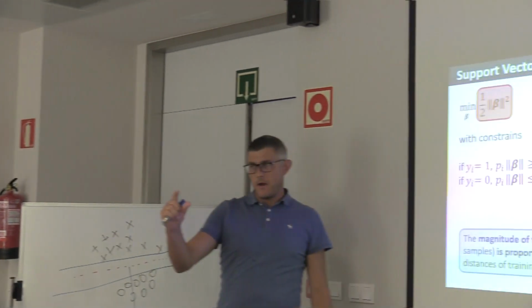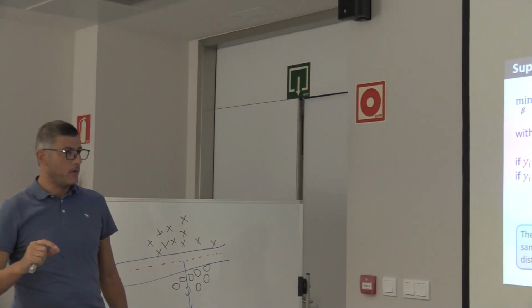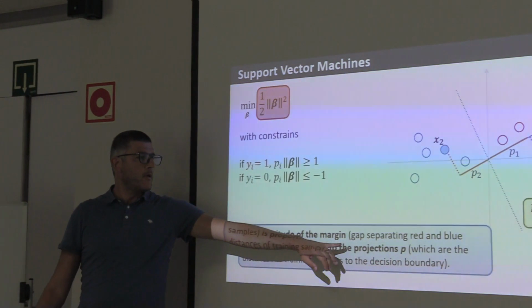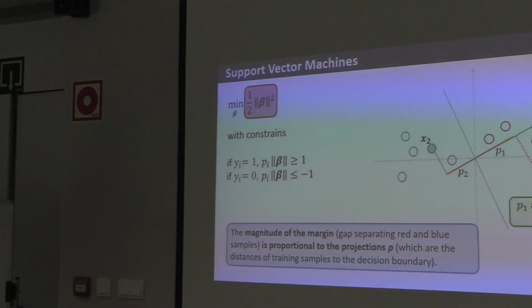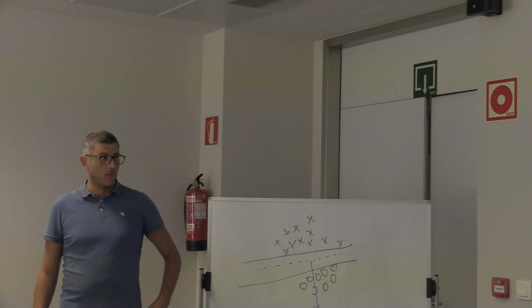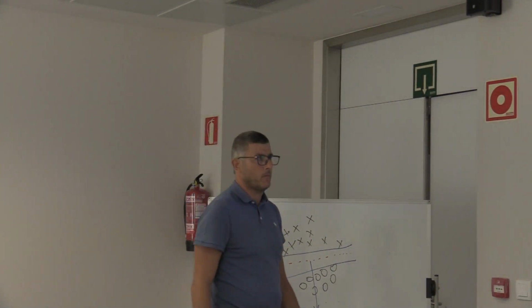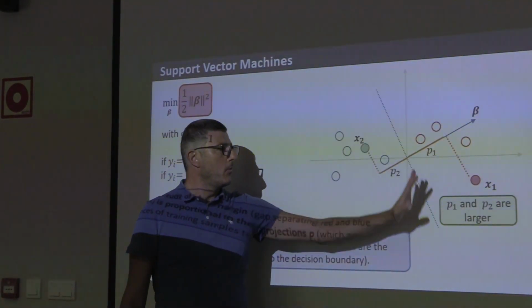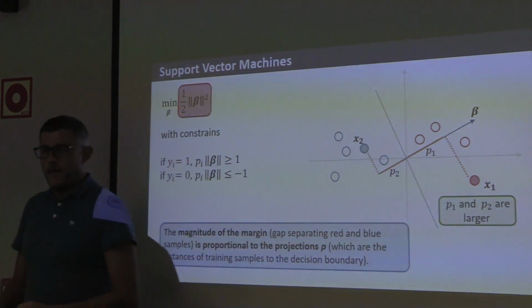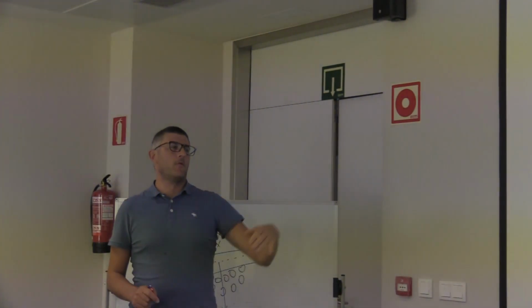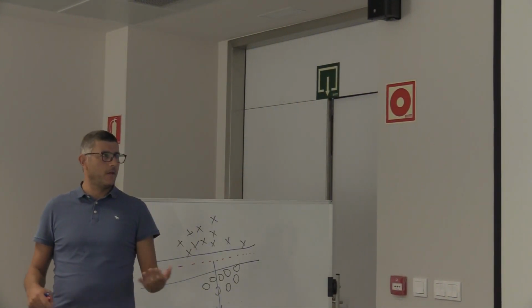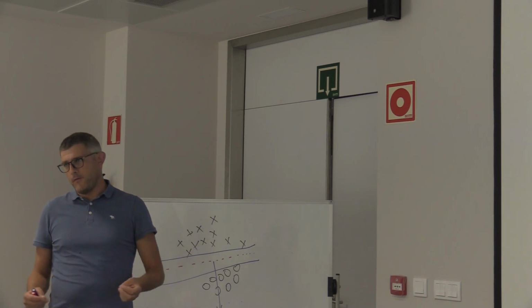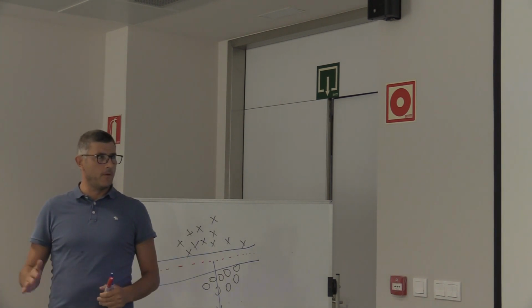Here, the magnitude of the margin for separation is proportional to the projections of the samples on the vector of the coefficients. And so this situation is much better than the one before. And this will probably be the decision boundary that a support vector machine would find for this data set. Of course, this data set is very simple, with very few samples, but this is the principle used by support vector machines to define the boundary.